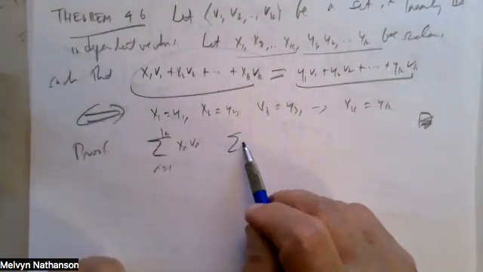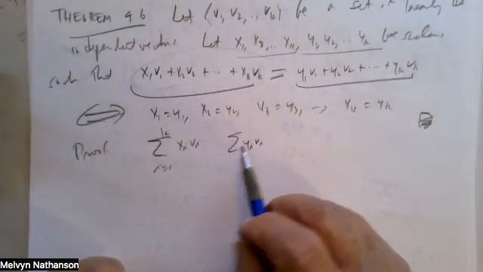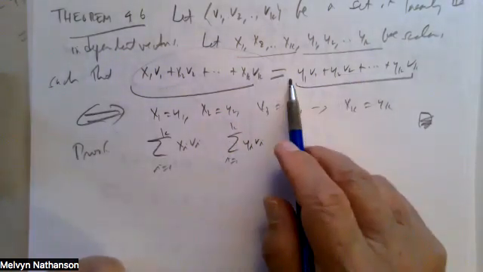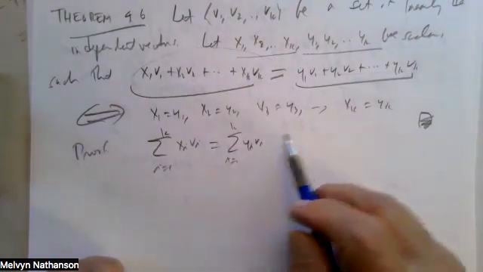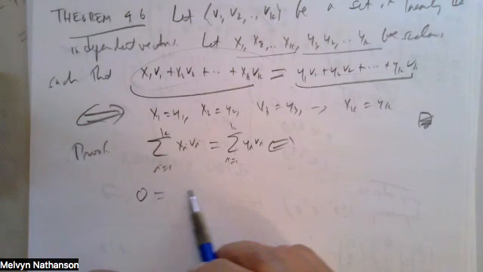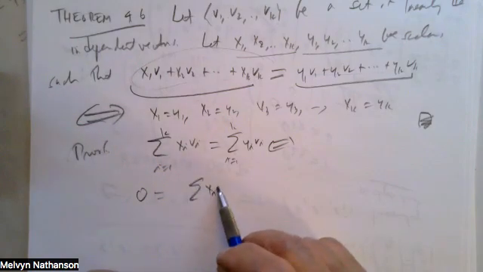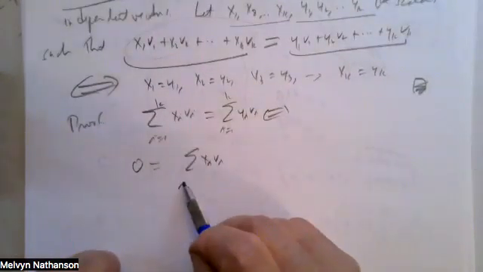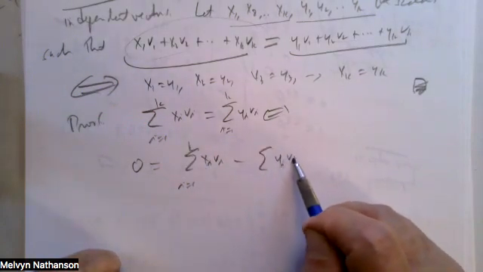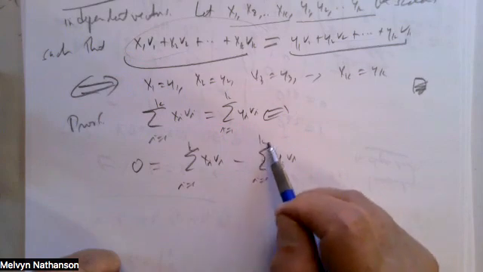And this is summation yi vi, i goes from 1 up to k. These are equal if and only if their difference, summation xi vi minus summation yi vi, i from 1 to k, is 0.